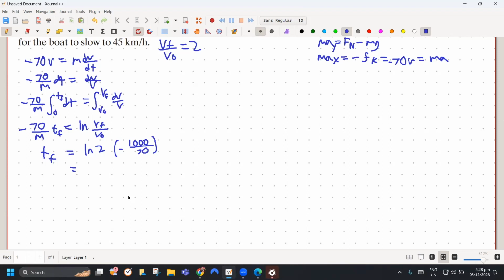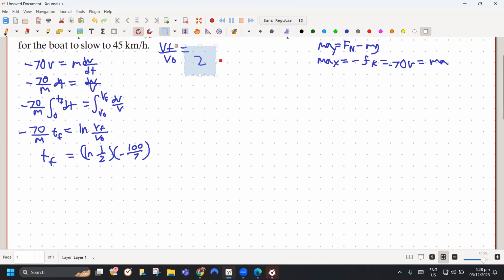Final velocity is twice the initial velocity. Okay, ngayon i-compute.